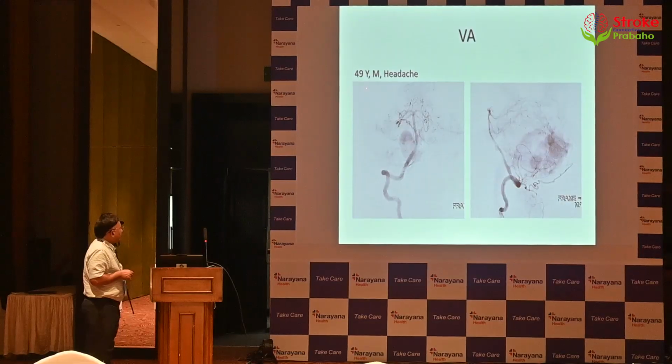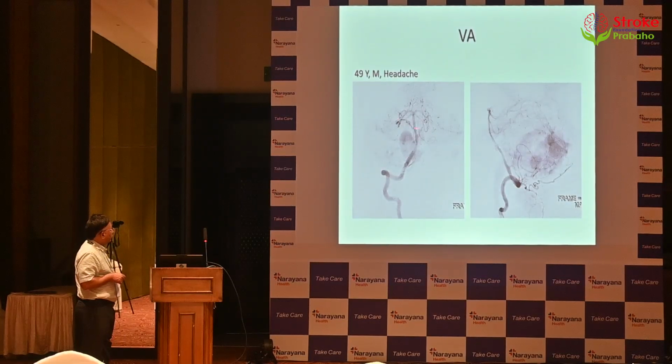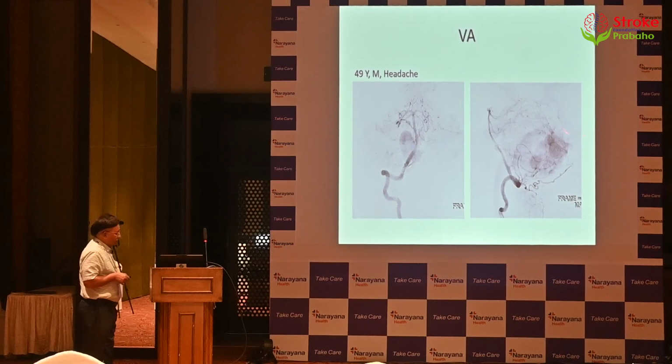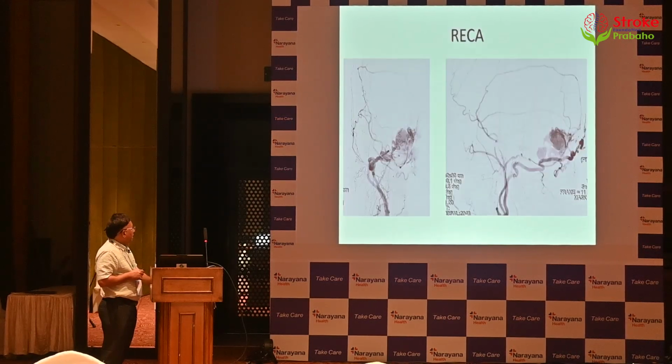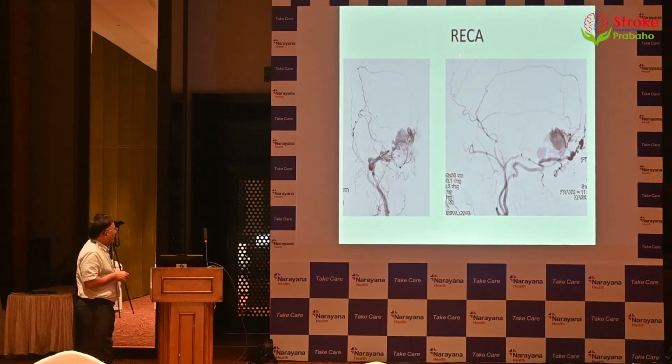This is a 49-year-old male with headache, and we know this tentorial branch of the superior cerebellar artery is supplying the fistula. This is the right external carotid artery injection. This is the middle meningeal artery supplying the fistula as well as the occipital artery.